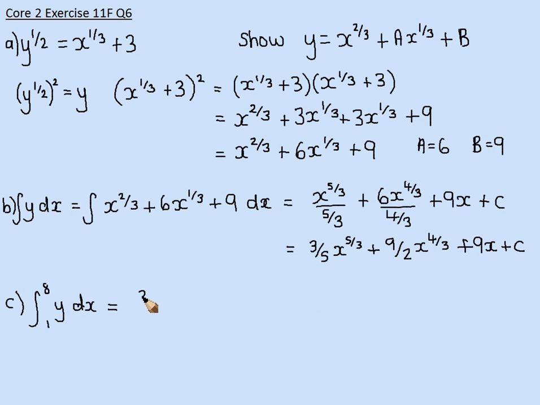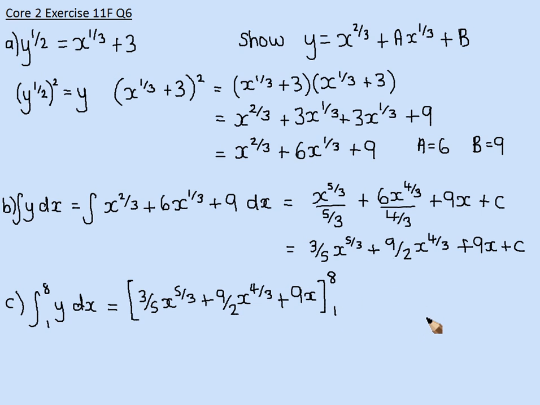So we've got to take 3/5 x to the 5/3 plus 9/2 x to the 4/3 plus 9x between the limits 8 and 1.